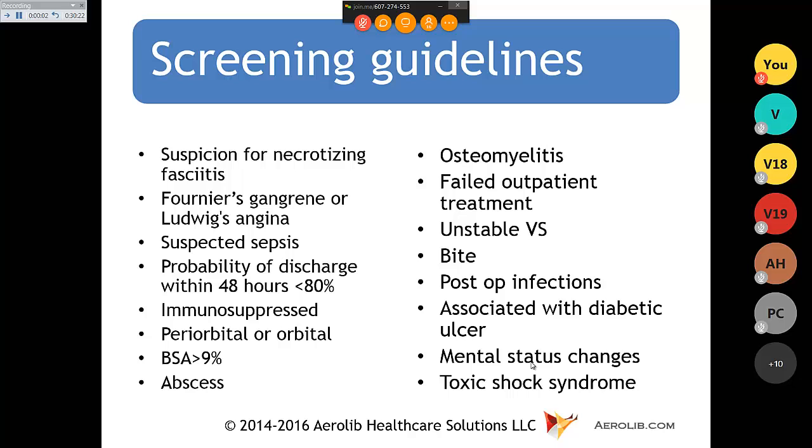Now, some other screening guidelines, and I've already mentioned this in our clinical presentation, is if there's suspicion for necrotizing fasciitis, suspected sepsis, immunocompromised status, body surface area, if there's burns or cellulitis affecting more than 9%, some have 9%, some have 10%. If there's an abscess along with that cellulitis, failed outpatient treatments, unstable vital signs.